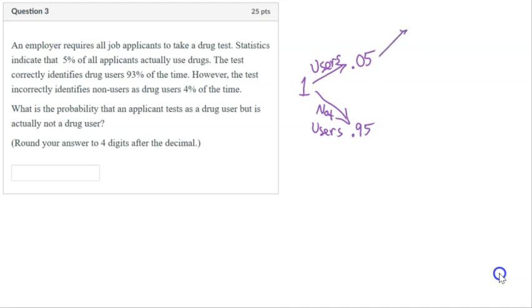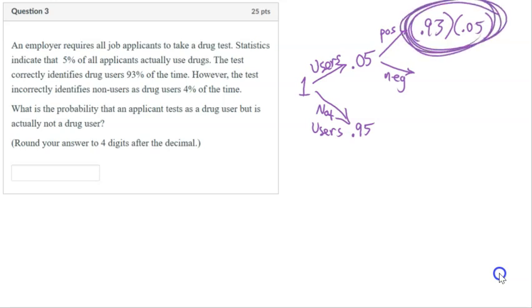Now we want to split the users up into those that test positive and those that test negative. Okay? And it says here, the test correctly identifies drug users 93% of the time. So here we need to do 0.93 times 0.05. By the way, I'm going to erase this in a minute, so don't actually write this here.